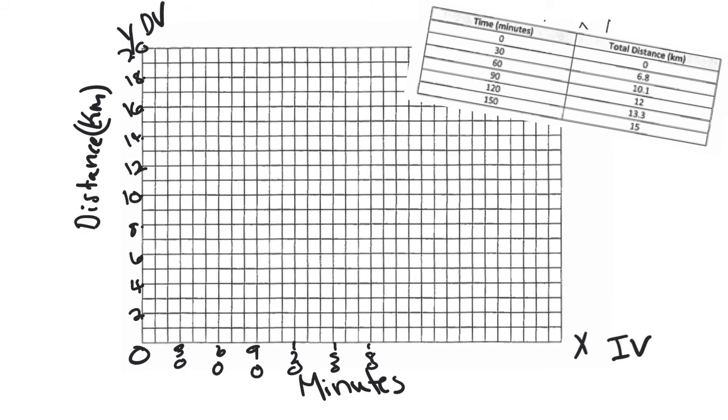Okay. So 0, 0, obviously, if she runs 0 minutes, she's gone 0 kilometers. 30 was at 6 and 8/10, so you're going to go a little below the halfway point, which would be 7. And then 60 is 10 and 1/10, so we're going to go to the 10 and be just a little bit above there. 90 is exactly 12, so that's exactly where those two lines cross. 120 is at 13 and 3/10, so we have to remember that 13 is the middle number here, so it's got to be a little higher than that.